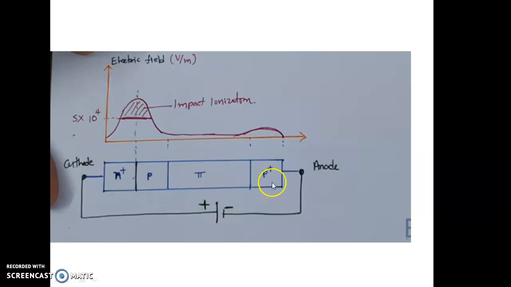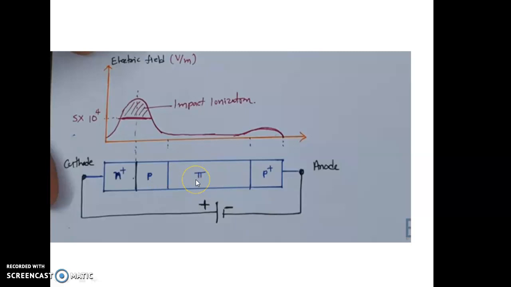The charge carriers from P plus move to the pi region, and more carriers will be developed in the pi region.